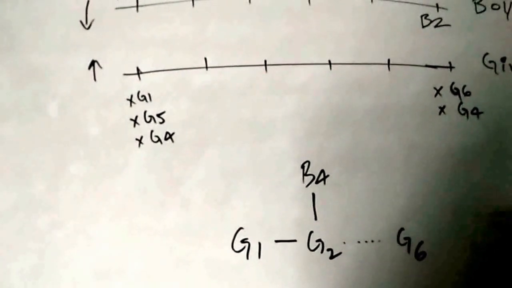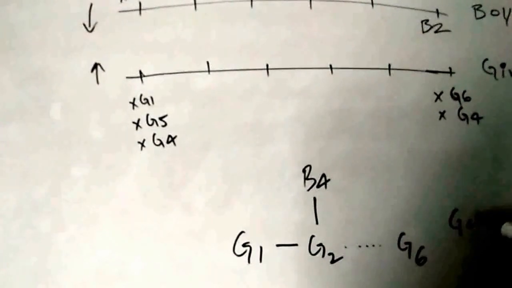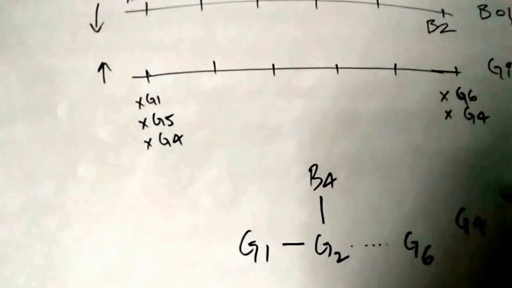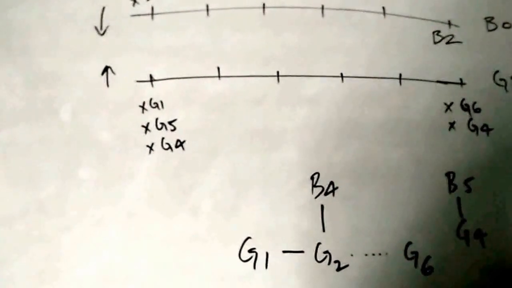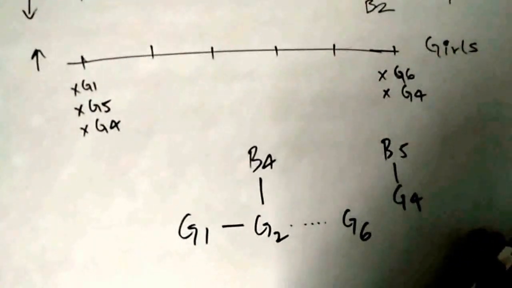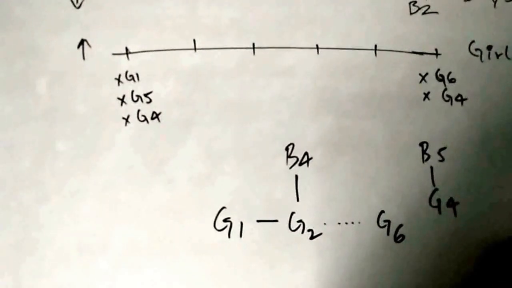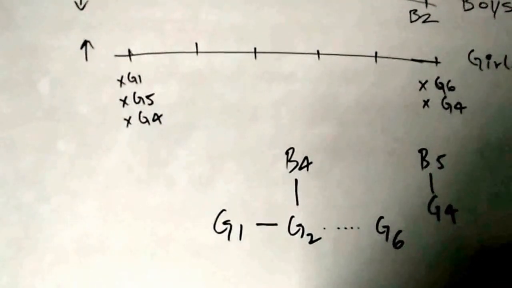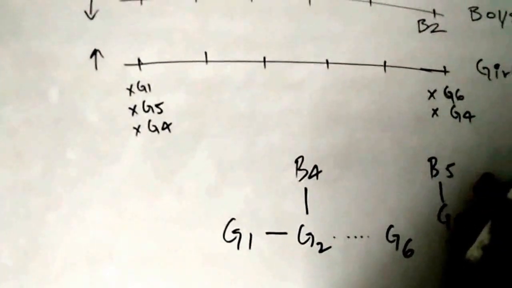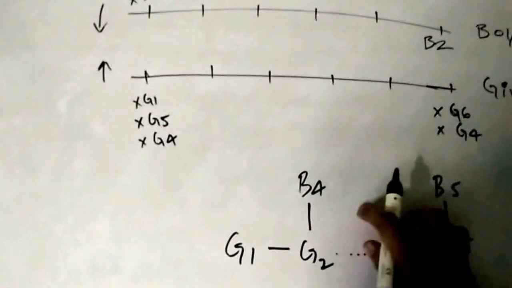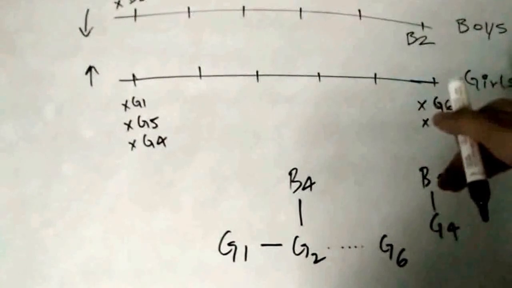Okay, so somewhere here is G4, and somewhere here is B5. It's opposite to G4, right? And B5 is to the left of B4. Now the direction of the boys is in this way, so the left side of B4 becomes B5, right?